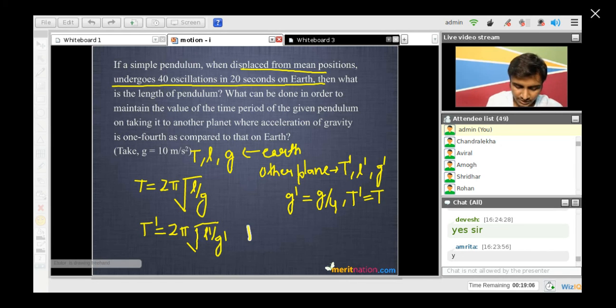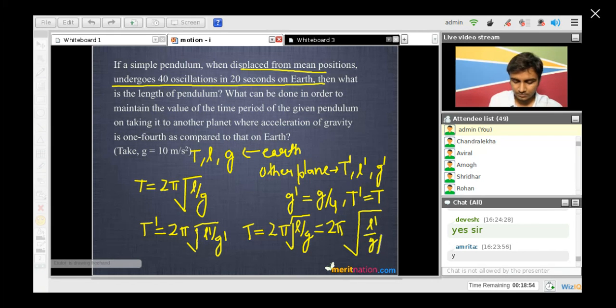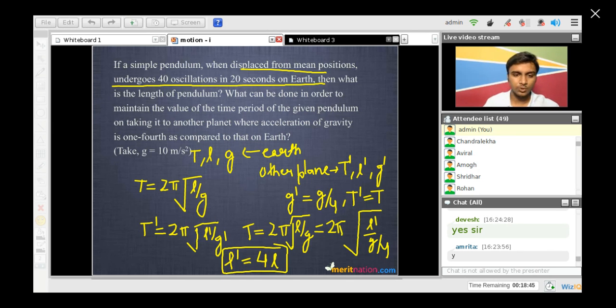So T dash is equal to T, which is equal to 2 pi under root L upon G, which is equal to 2 pi under root L dash upon G by 4. So from this you can say that L dash is equal to 4L.